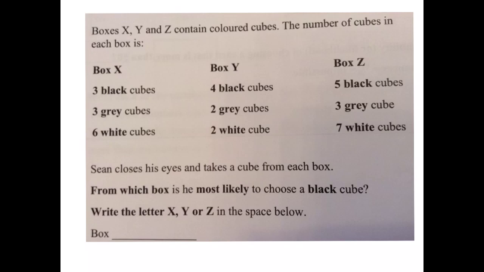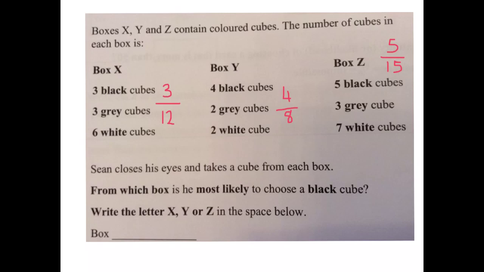Box X, I have to add it together, has 12 cubes. And of the 12, 3 of them are black. Box Y has 8 cubes and 4 of them are black. And box Z, quick bit of addition, has 15 cubes and 5 of them are black.